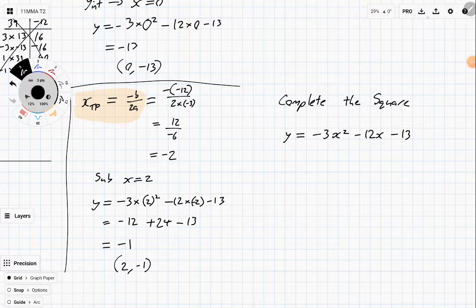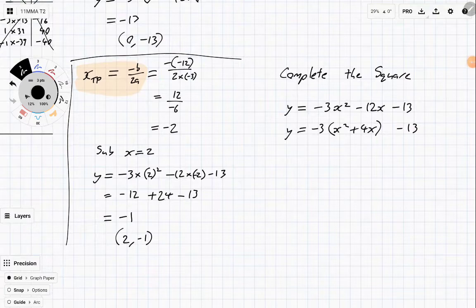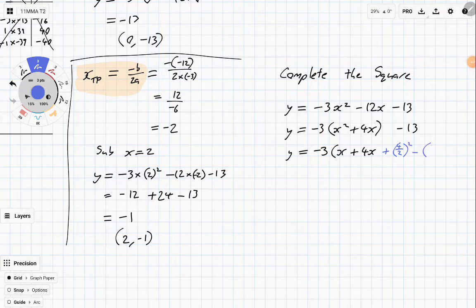Got to get rid of that minus 3 at the front. x squared plus 4x minus 13. Do the usual trick for completing the square. So we're going to add half and square root of 4. 4 on 2 squared, minus 4 on 2 squared, minus 13.